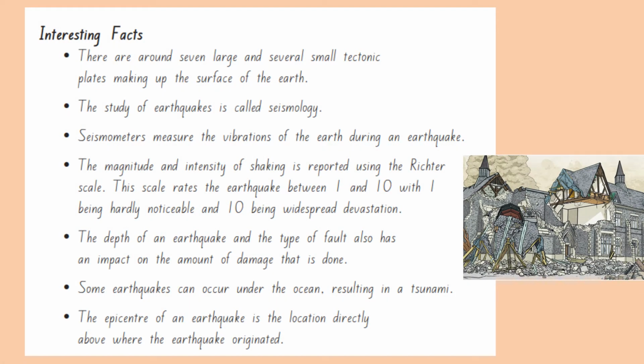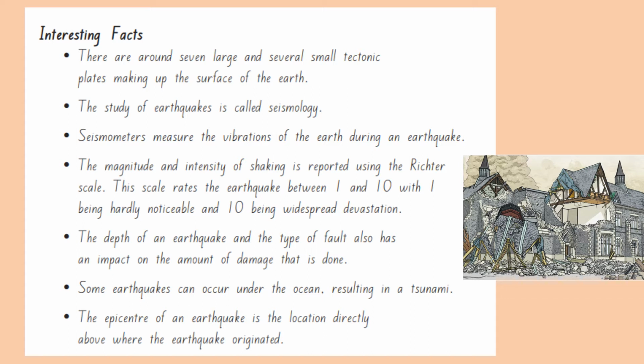Interesting facts. There are around 7 large and several small tectonic plates making up the surface of the Earth. The study of earthquakes is called seismology. Seismometers measure the vibrations of the Earth during an earthquake. The magnitude and intensity of shaking is reported using the Richter scale.